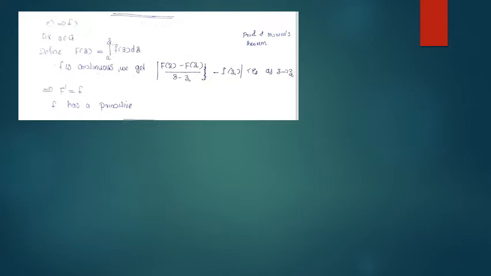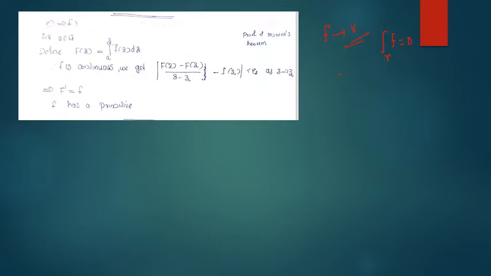In E it is given that for any analytic function f and for any closed rectifiable curve gamma, the integral over gamma of f equals 0.